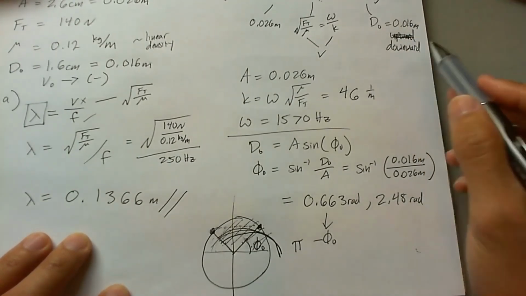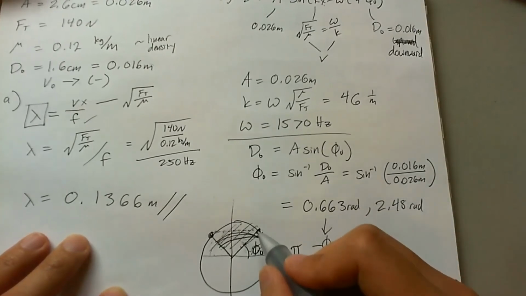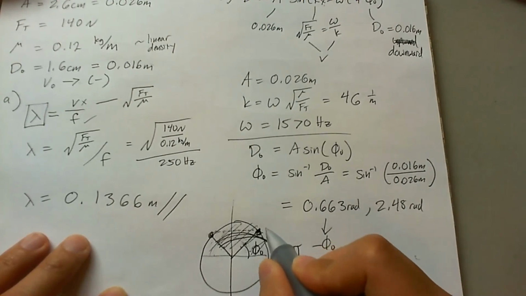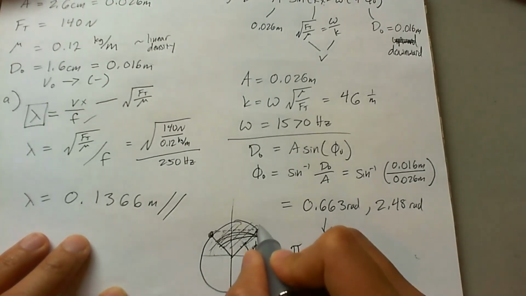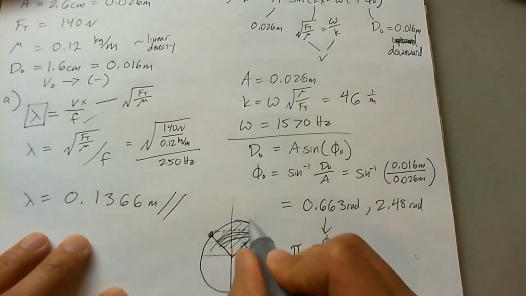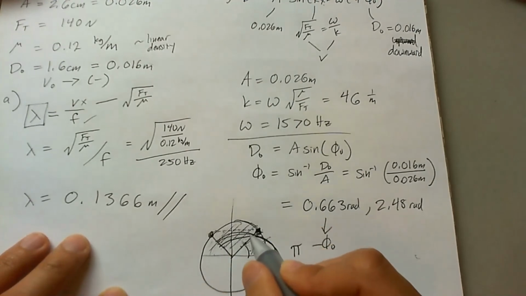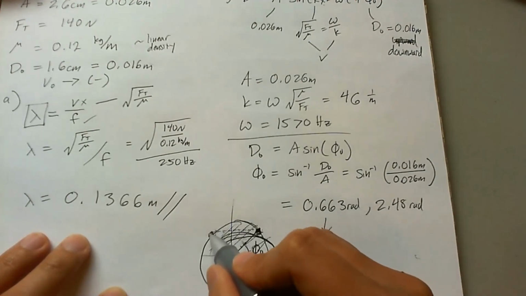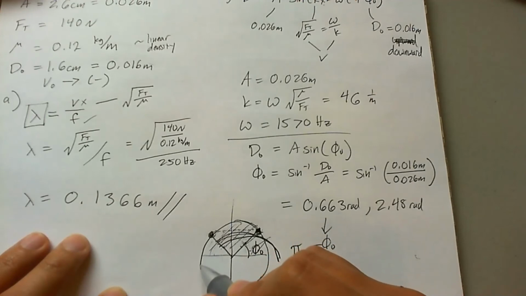So aside from this mistake, if we have a displacement that is positive and going down, we know it can't be this particular angle here because this is up. This is a positive value and is going up in the unit circle as we're going around in a circle like that. So the only possible option is the second option, where it's positive and going down.